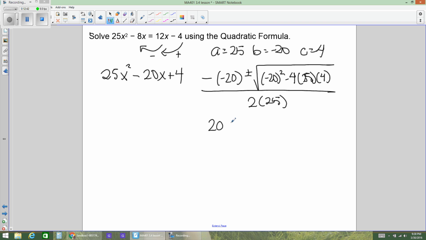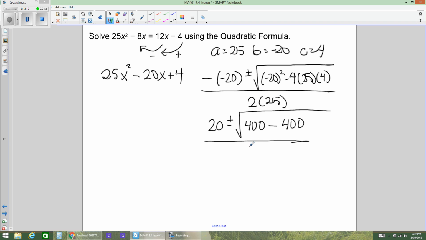So that's a positive 20 now, plus or minus the square root of 400. Now, find your sign. It's a negative times positive times a positive. Negative times positive is negative. Now let's do it. 4 times 25 is 100, and 100 times 4 is 400. Ooh, look at what's going to happen here.